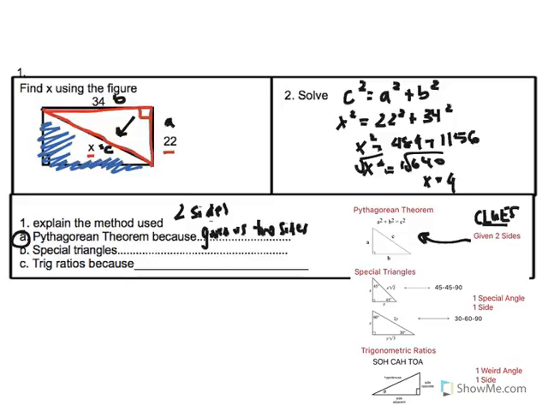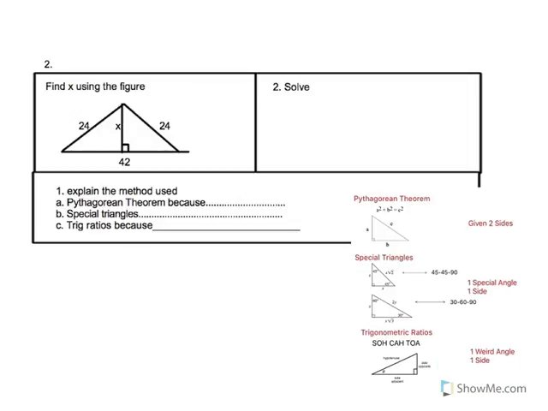And we get x squared equals 484 plus 1,156. X squared equals 1640. Square root both sides, and we get x equals 40.49, or 40.5.